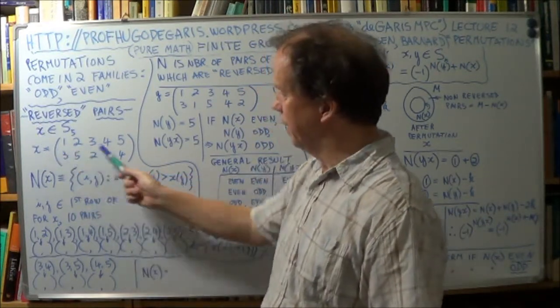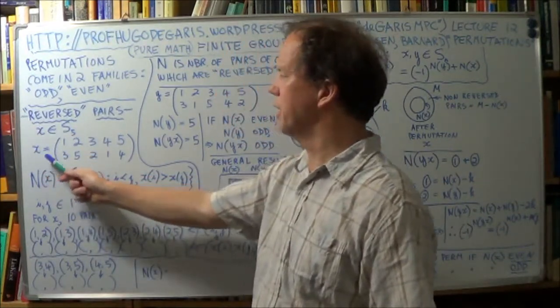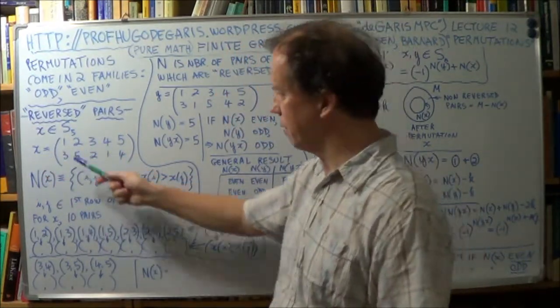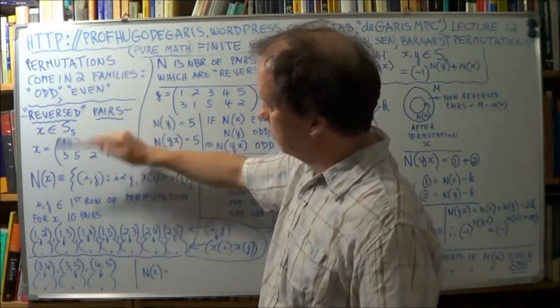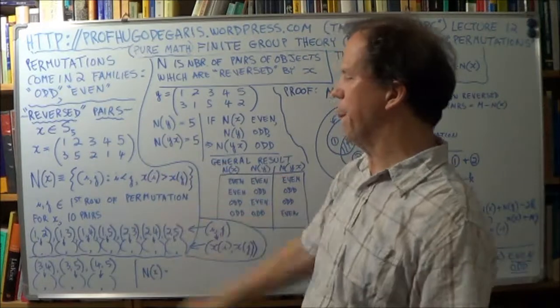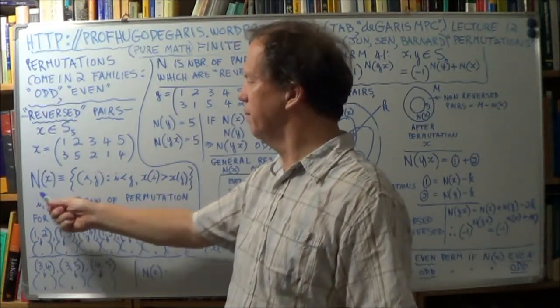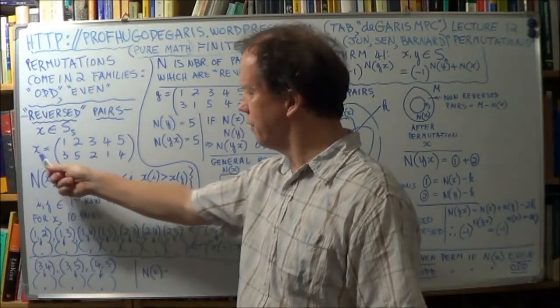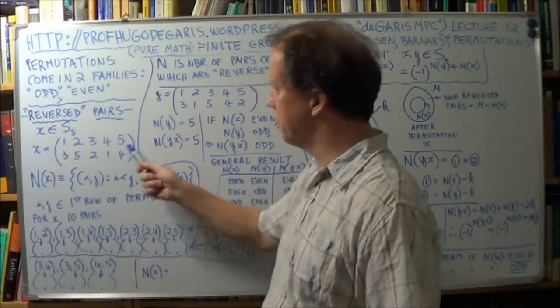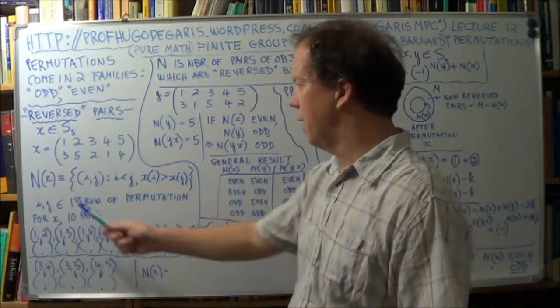Now, from this permutation, which switches 1 into 3 and 2 into 5 and so on, 5 into 4, you can associate a number, an integer called n, a number that corresponds to this permutation.